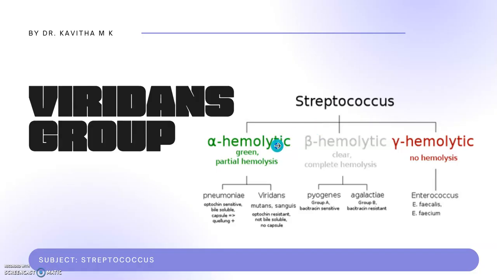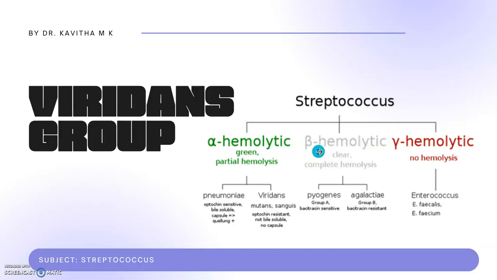Alpha hemolytic means they show greenish discoloration due to partial hemolysis, and the groups coming under alpha hemolytic streptococci are Streptococcus pneumoniae, commonly called pneumococci, whereas the viridans group of streptococci are also alpha hemolytic, in which Streptococcus mutans and Streptococcus sanguis are included.